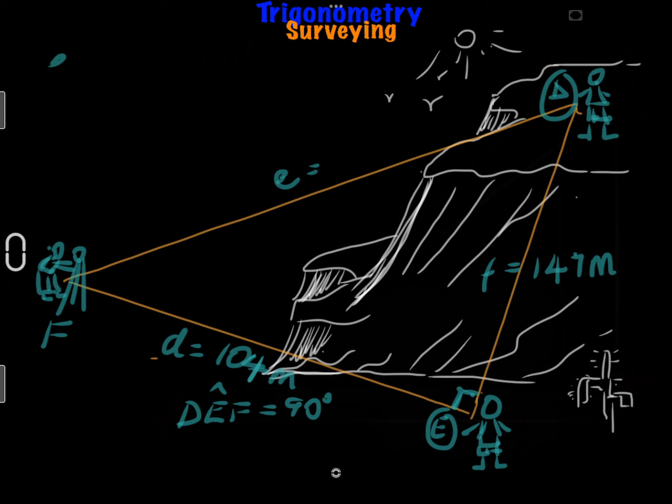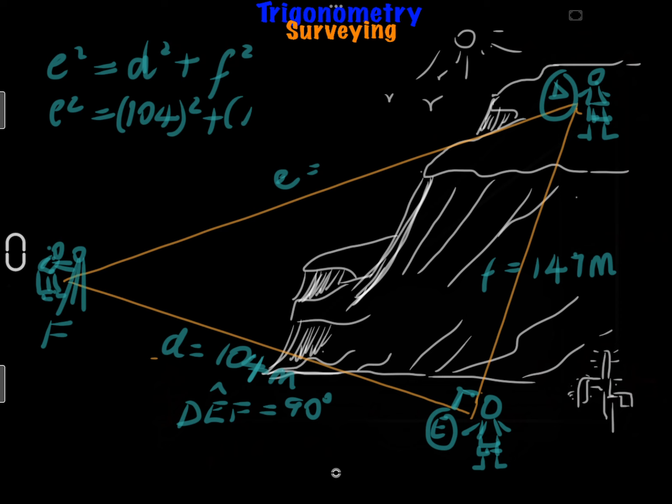So essentially it will go like this: e squared is equal to d squared plus f squared. e squared is equal to d squared, which is 104 raised to the second power, plus f squared, in this case 147 raised to the second power. e squared is equal to 104.